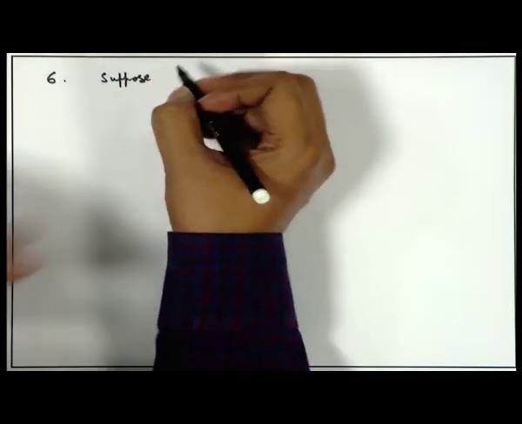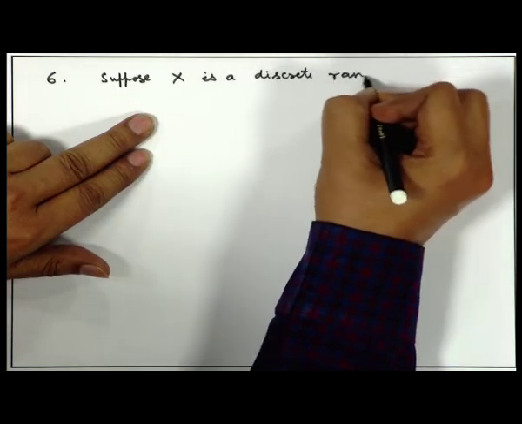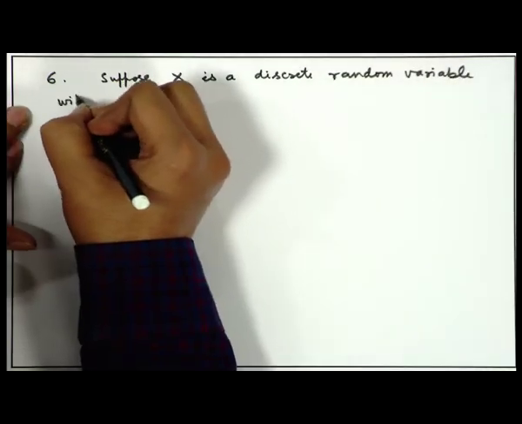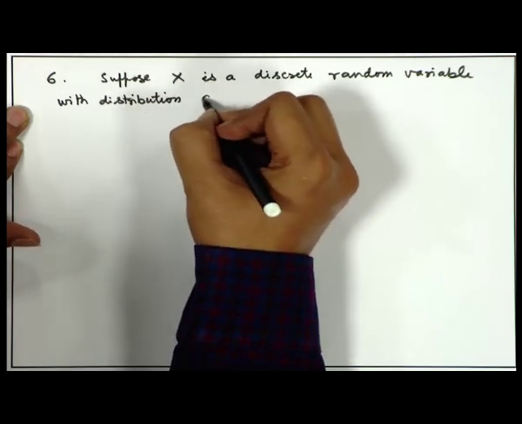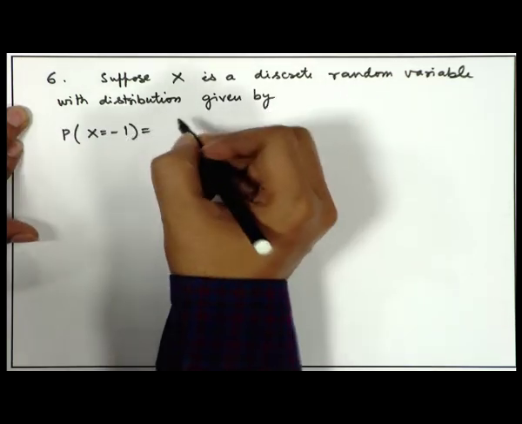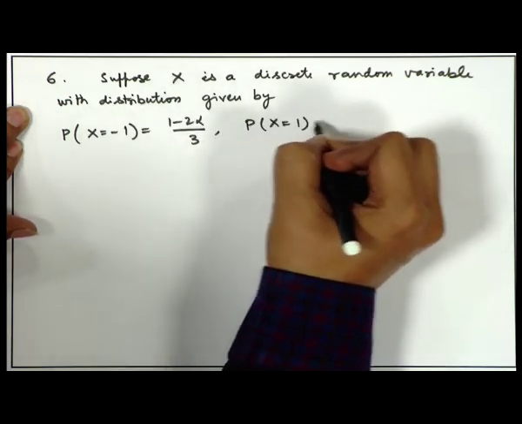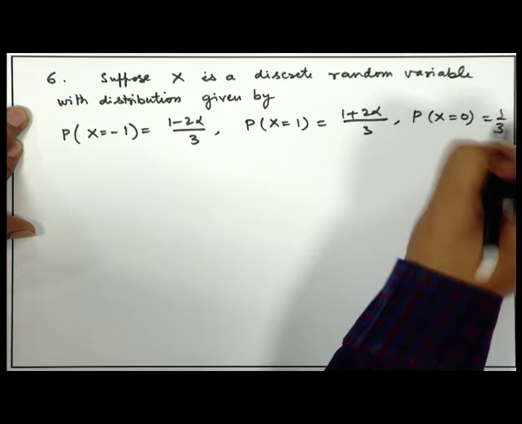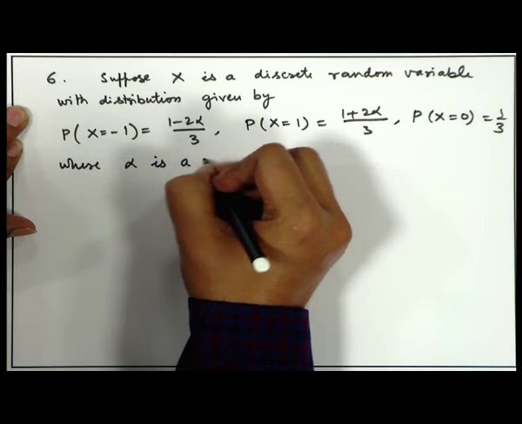Suppose x is a discrete random variable with distribution given by probability x equal to minus 1 is equal to 1 minus 2 alpha by 3, probability x is equal to 1 is equal to 1 plus 2 alpha by 3, probability x is equal to 0 is equal to 1 by 3, where alpha is a real number.